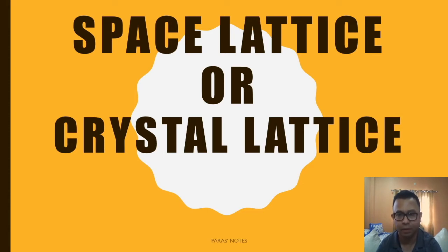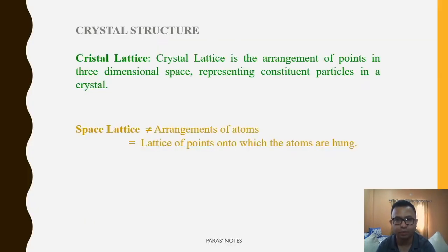To understand what a crystal lattice is, first we'll go for a definition of crystal lattice. As you can see in the definition, it says that it is the arrangement of points. Now what do we mean by this point? Since every crystal is made up of points, when we say point, we mean it may be atoms, or molecules, or ions.